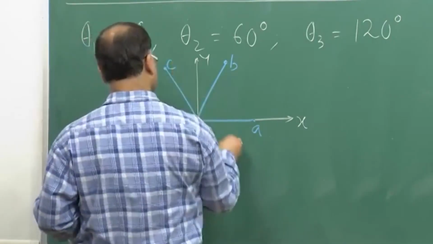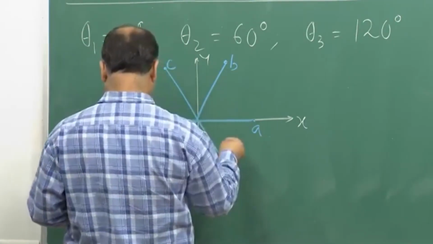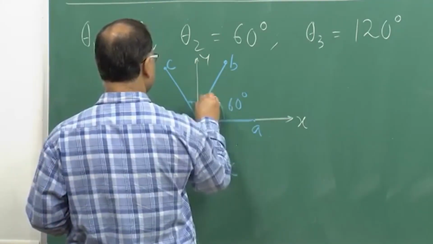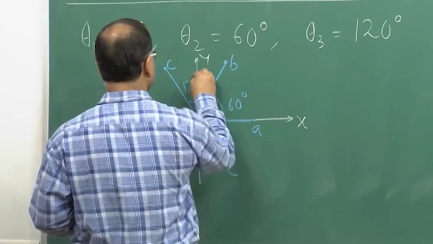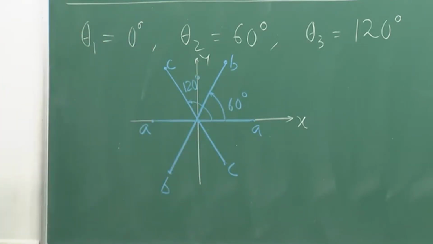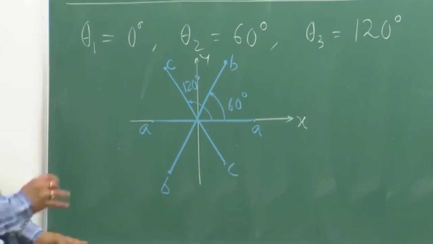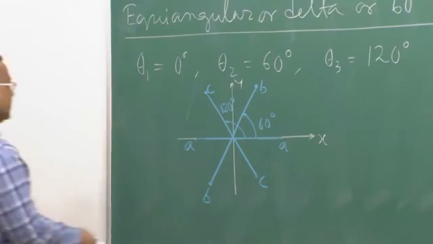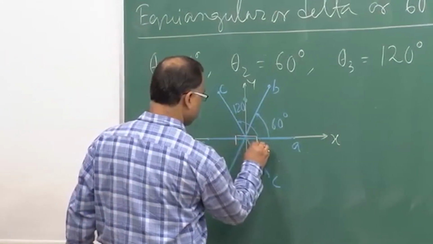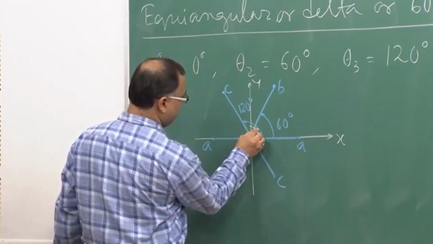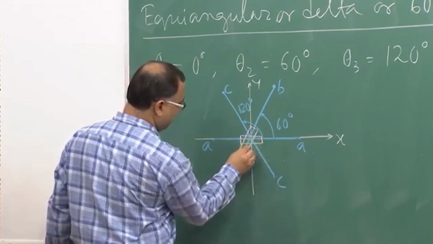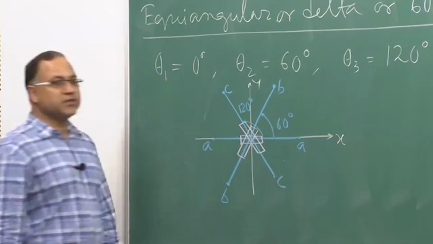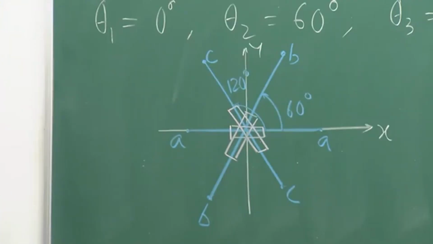So, this is your CC. So, this is your 60° and this is your 120°. Okay. So, this is the arrangement. So, we will be placing the strain gauge like this. So, this is my strain gauge. So, we will be placing the strain gauge like that and then we will be measuring the strains.